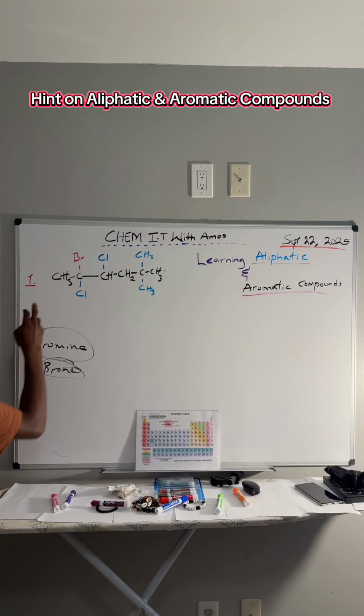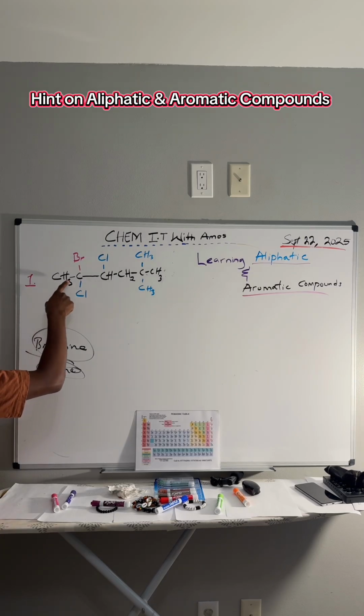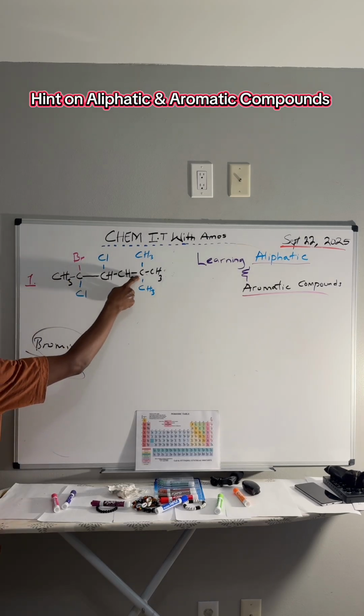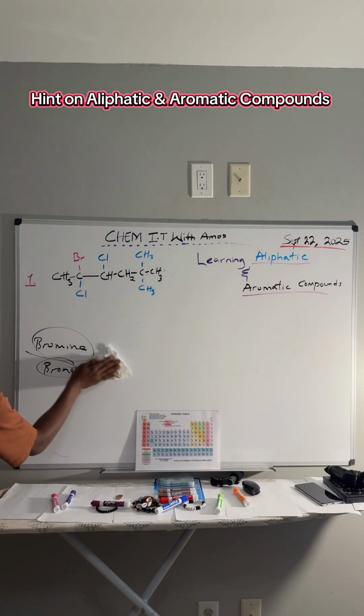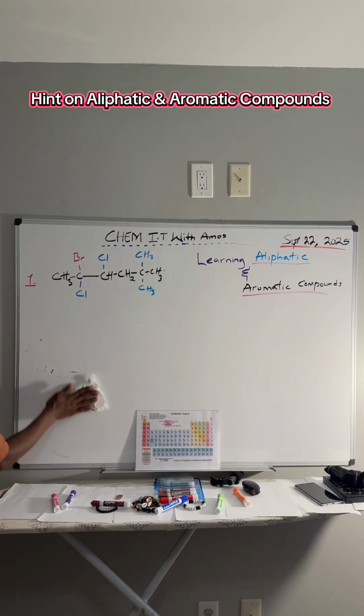So like I said, here we have 1, 2, 3, 4, 5, 6. So the longest continuous carbon chain here is 6. And how do you refer to a compound that contains 6 carbons when it comes to organic chemistry? So we refer to that as hex.